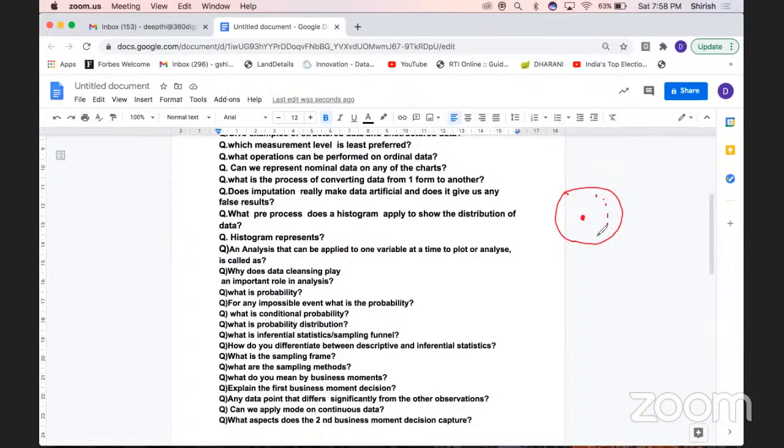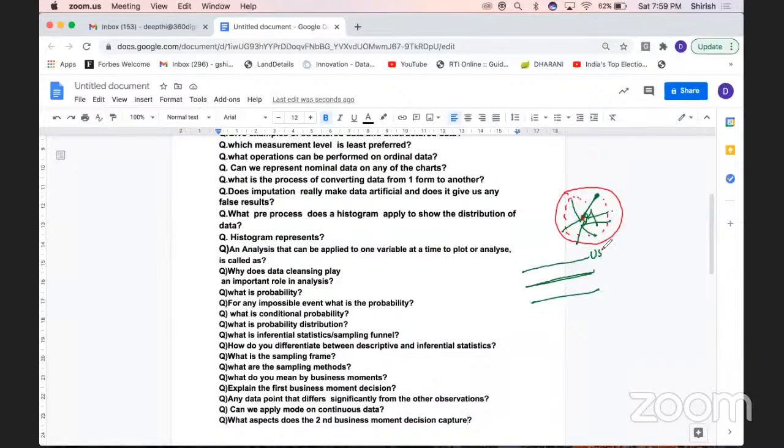You have the data points around like this. From this center mu to this data point, how is the spread? It's just like you're manufacturing a product within some specified limits. So there's a limit.